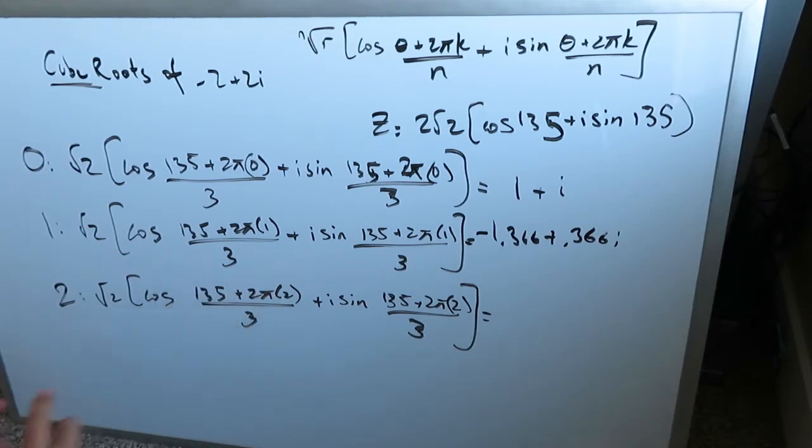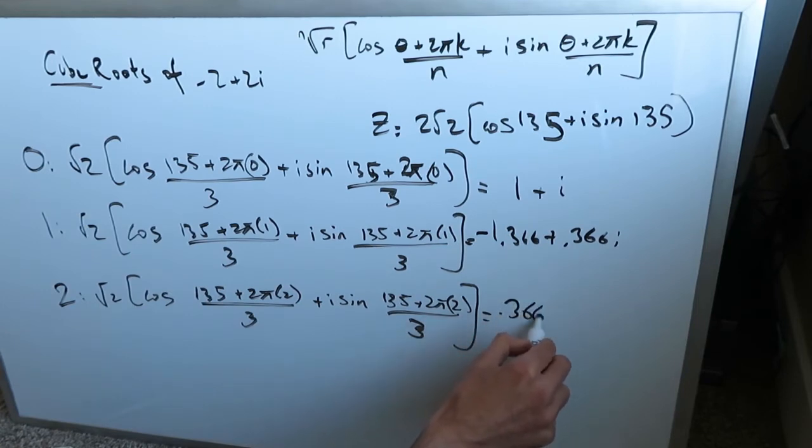Now let's look over here. We have 360 times 2, which is 720, plus that to 135, and divided by 3, I get a value here of 285. Cosine that and multiply that by your memory recall, you get 0.366. If you were to graph these out, they will give you very symmetrical results, but we're not going to be graphing things out today.